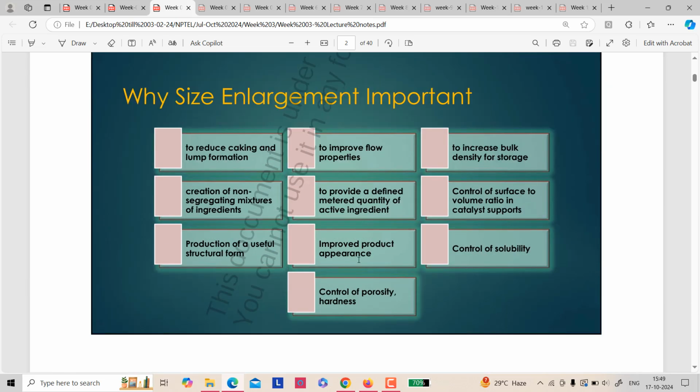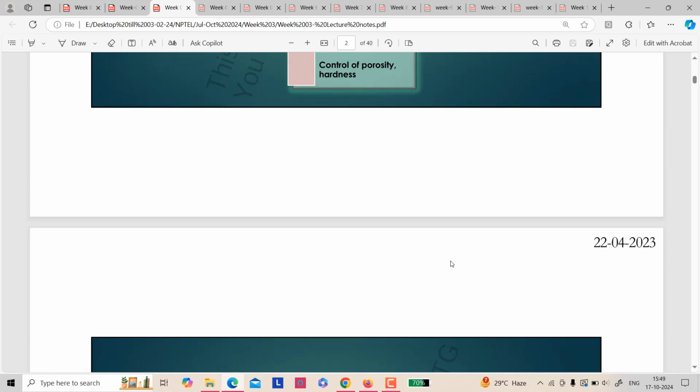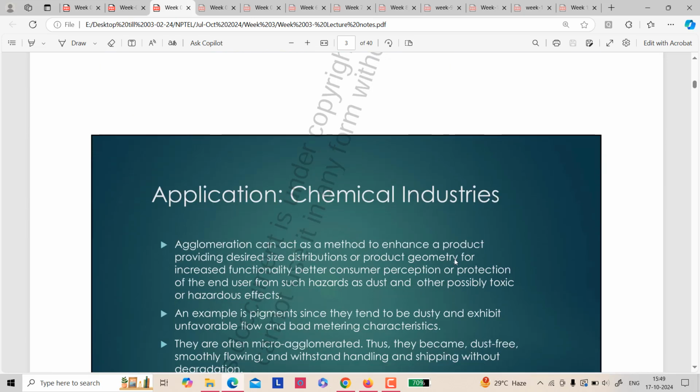Now they have talked about why enlargement is important. To reduce caking and lump formation: you may have seen that when powders are kept together, they form a kind of lump, which is bad. So to reduce lump formation, size enlargement is important. Other reasons are creation of non-segregating mixtures of ingredients, production of a useful structural form, improving flow properties, improving product appearance, and controlling porosity and solubility.